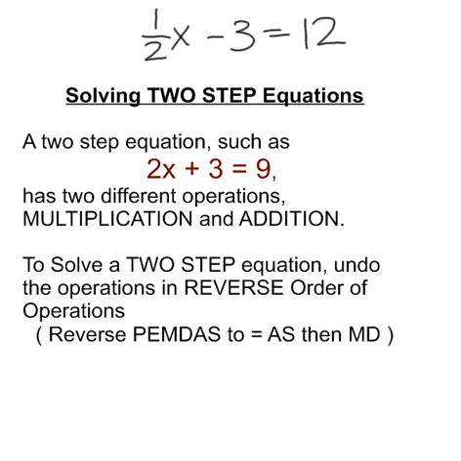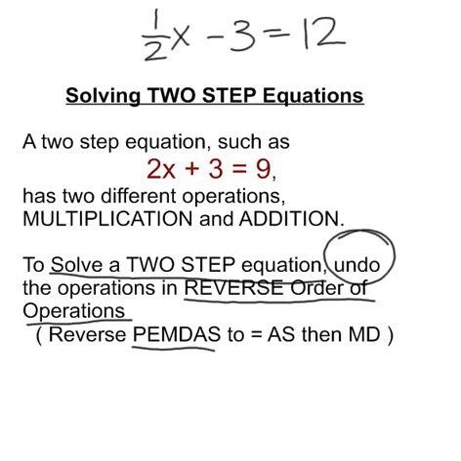Now, to solve a two-step equation, it's important that you know we have to undo the operations in reverse order of operations. We're very familiar with PEMDAS: Please Excuse My Dear Aunt Sally, which stands for parentheses, exponents, multiplication, division, addition, and subtraction.